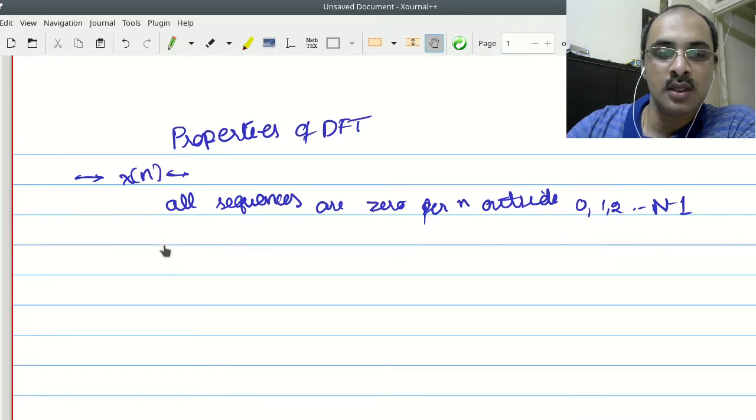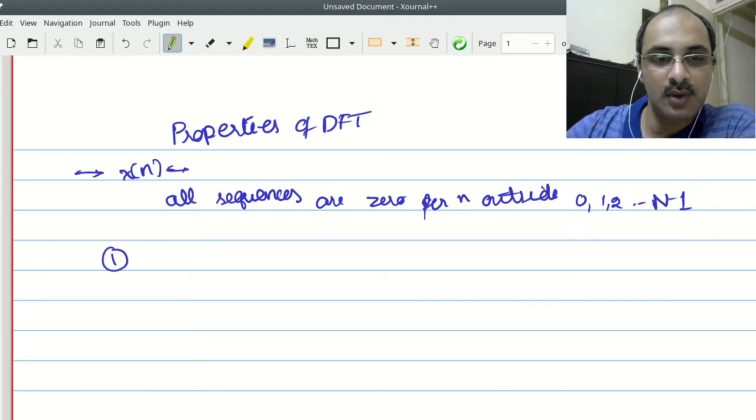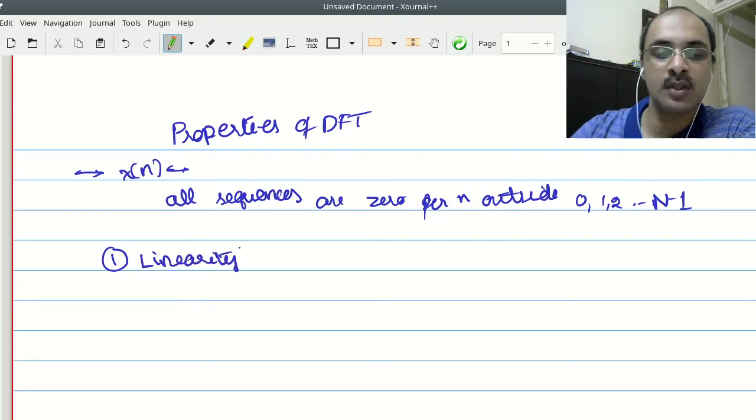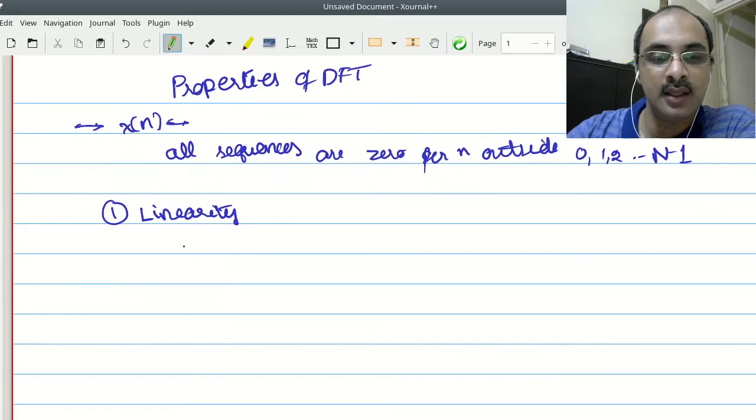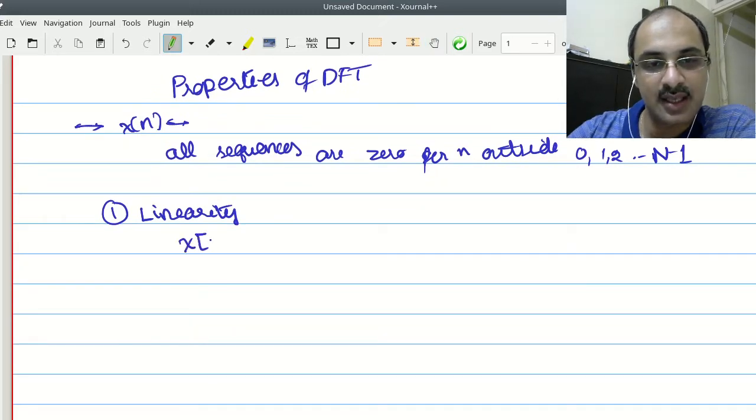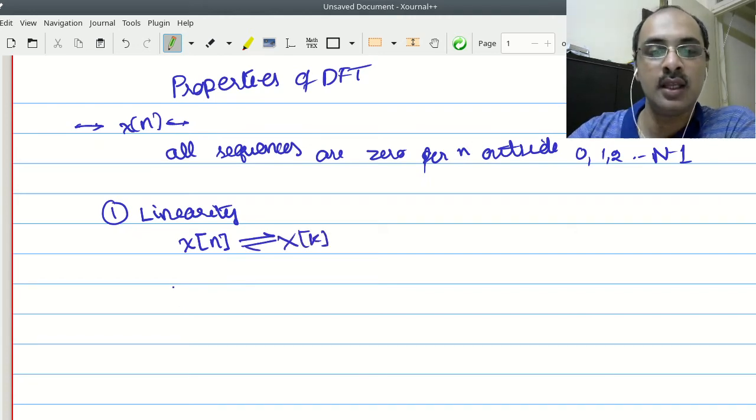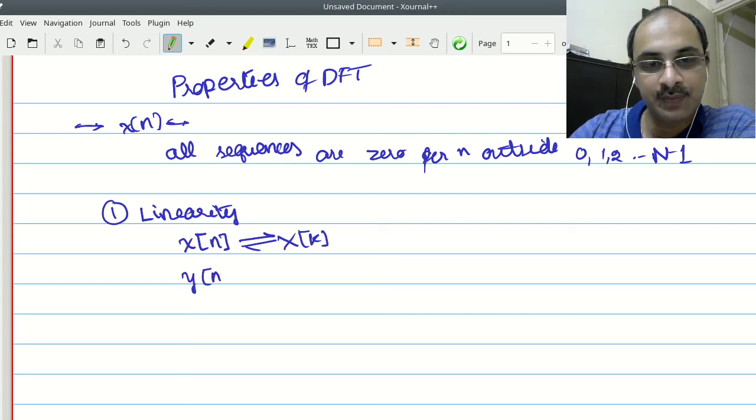Okay. So, the first property that we are going to explore is linearity. What does linearity imply? Let us suppose that x[n] has a DFT of capital X[k], of course an N point DFT, and y[n] has a DFT of capital Y[k].